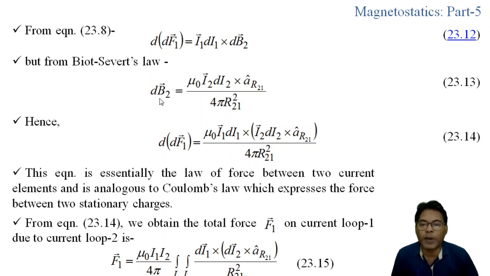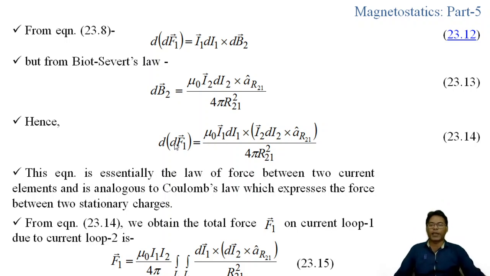Now if we place dB2 in expression 23.12, we have dF1 equals mu naught I1 dl1 cross I2 dl2 cross aR21 by 4 pi R21 squared.